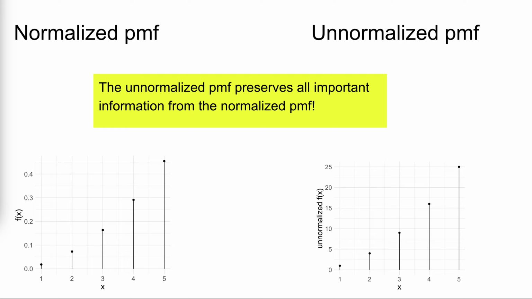Mainly, the unnormalized PMF preserves all of the important information from the normalized PMF. It preserves the possible outcomes of x and the relative plausibilities. For example, the relative plausibility of a 5-star versus a 4-star review is the same in both the normalized and unnormalized versions of the PMFs.